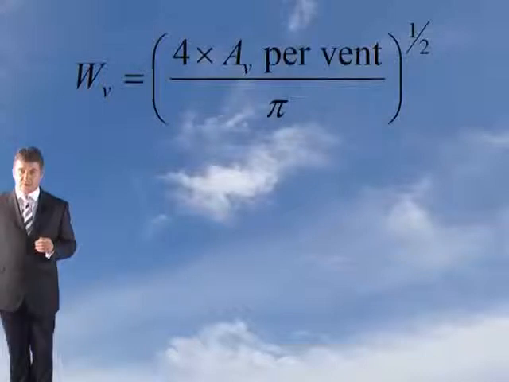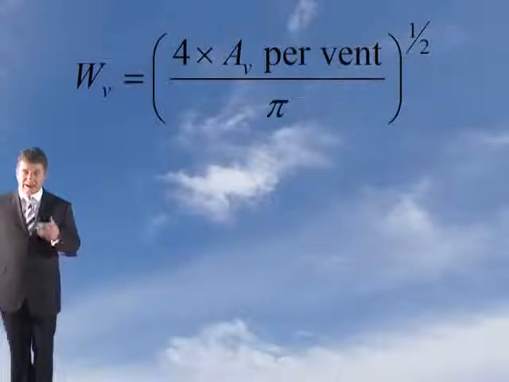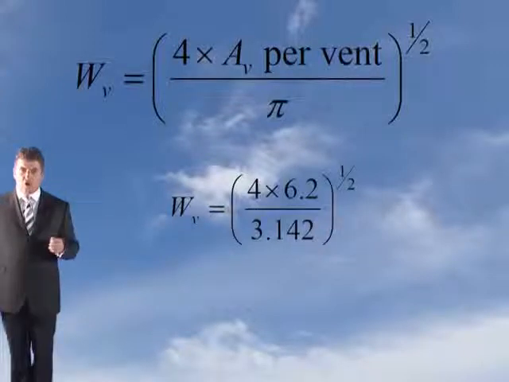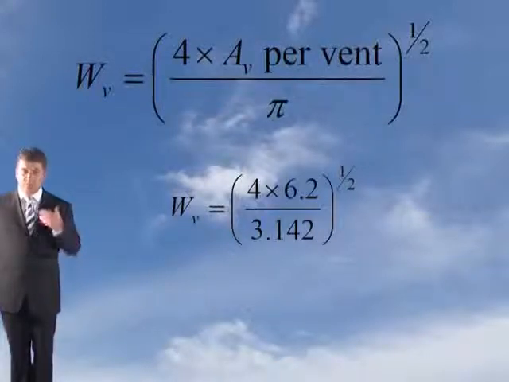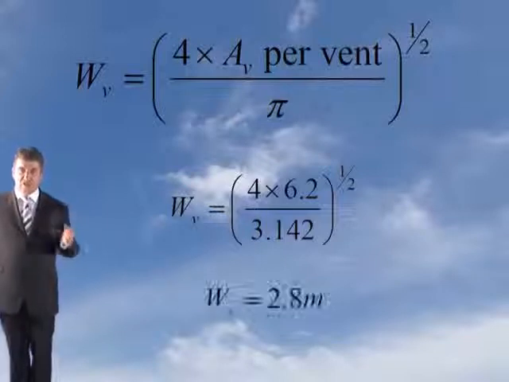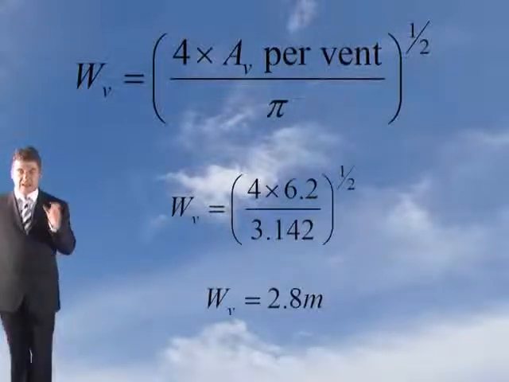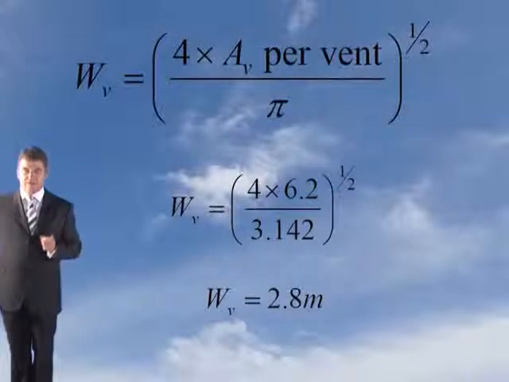Wv equals 4 times Av per vent, that's the area of vent per vent, divided by pi, divide the whole lot to the square root. Now we know that the Av required per vent is 6.2. So Wv equals 4 times 6.2 divided by 3.142 to the half would have given you a Wv of 2.8 metres. So that's what you needed to work out, your Wv.